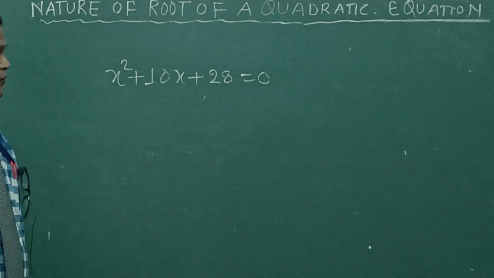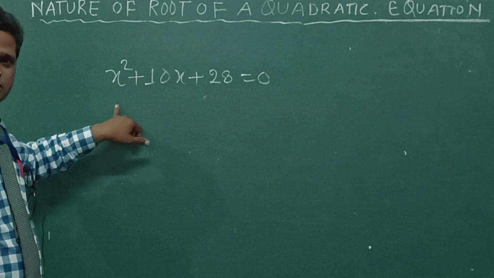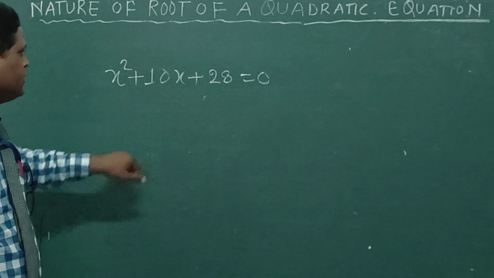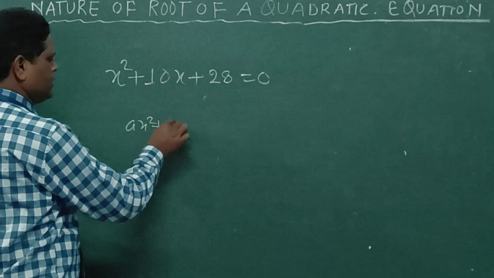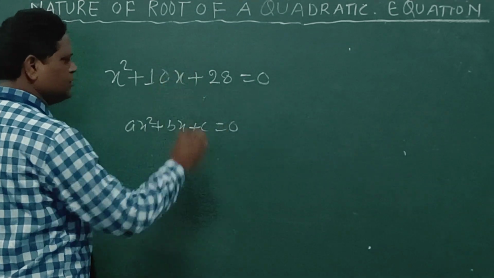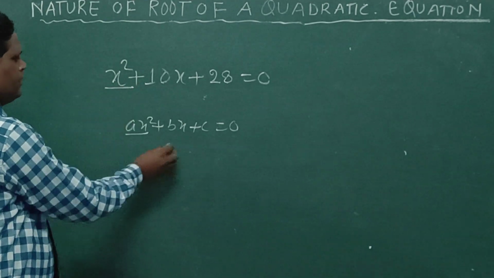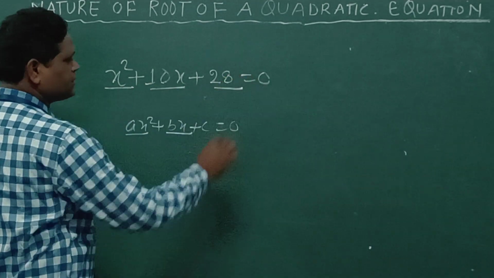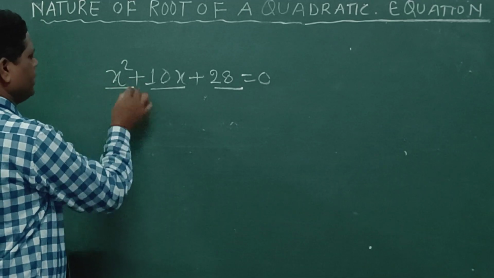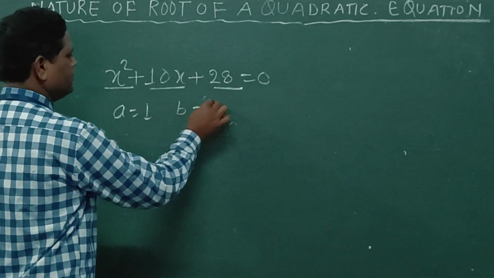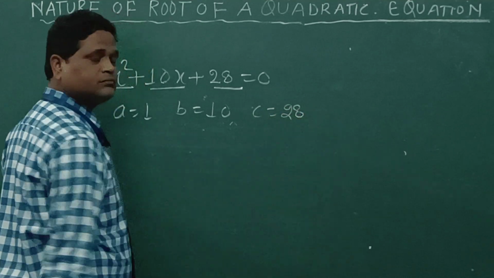First of all, find the discriminant. Compare with ax square plus bx plus c equal 0. So first of all, separate: a equal 1, b equal 10 and c equal 28.